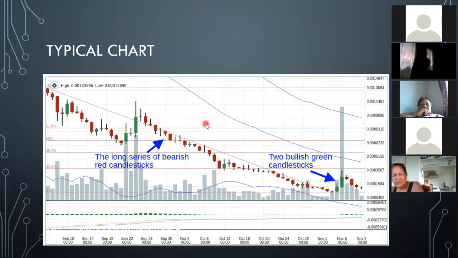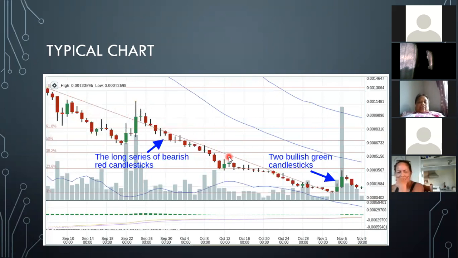All a downtrend and an uptrend are is a trend moving upwards or downwards. Downtrend, downtrend, downtrend, uptrend, uptrend. You've even got a small uptrend here.